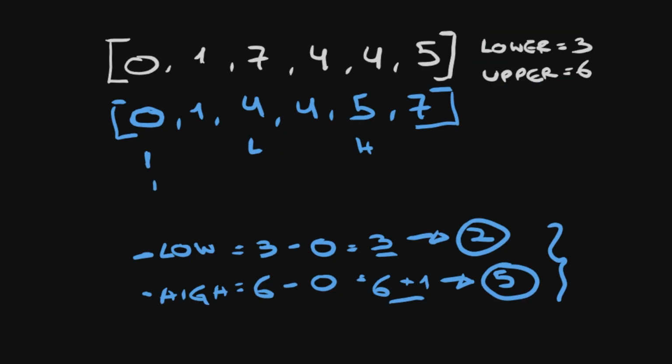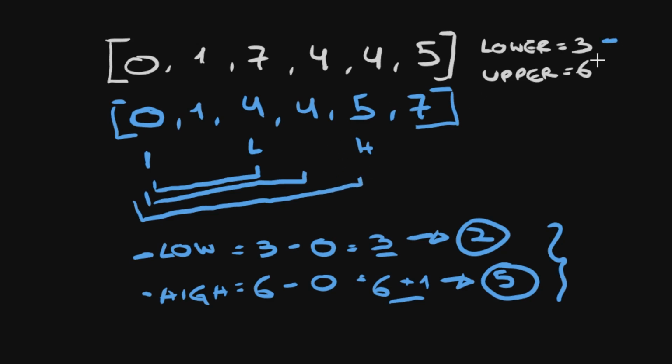So if we take 0 and 4, the sum is 4, and that's in between 3 and 6, so that's valid. Here we can take 0 and 4 also, and that would still be valid. And if we take 0 and 5, that's also between 3 and 6, so it's also a valid pair.